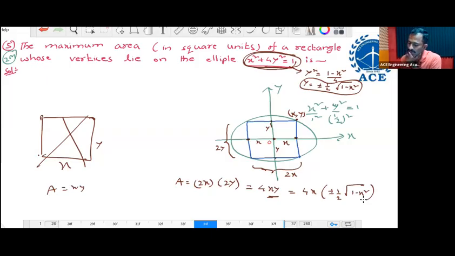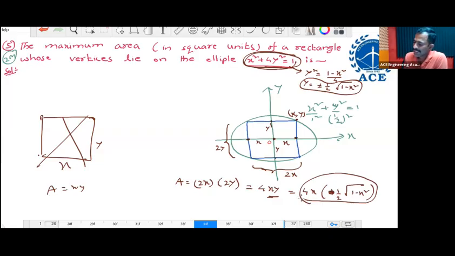Right? But we are taking the area, so let us take the plus only. Now this is our function. Here onwards we can follow the one variable function.